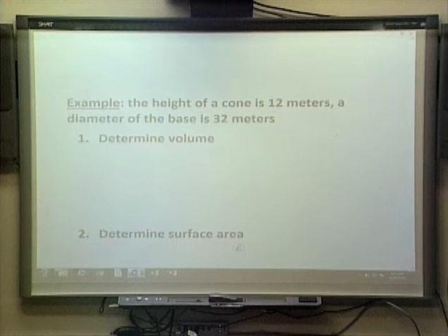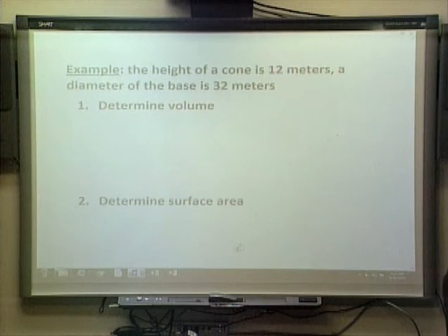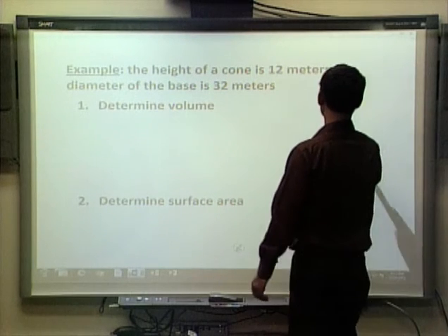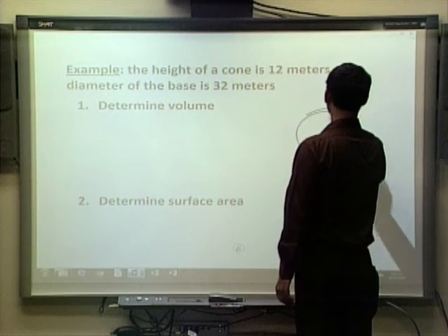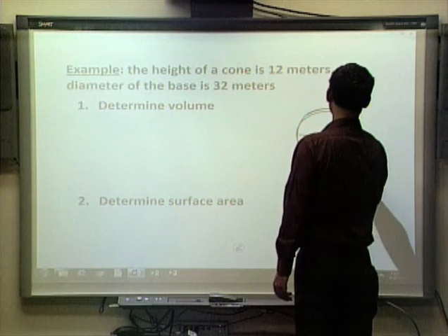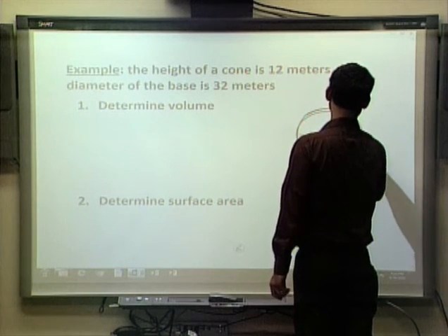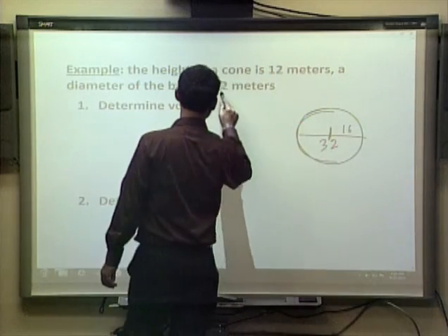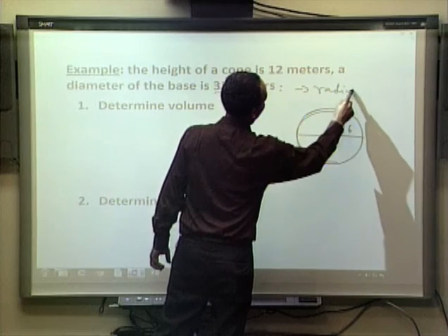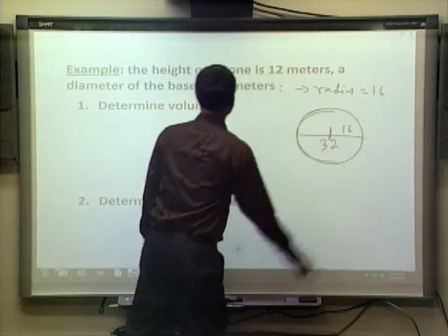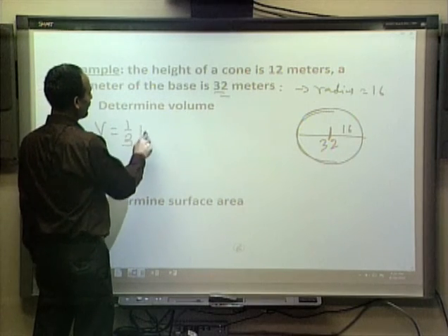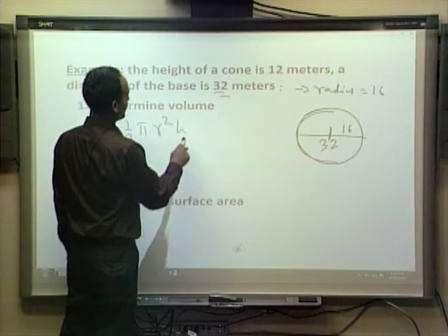Okay. The height of a cone is 12 meters and the diameter of the base is 32 meters. Determine the volume. So this is the circular base, and the diameter is given to be equal to 32, that means the radius will be equal to 16. So volume, as mentioned before, is 1/3 pi radius square and height.